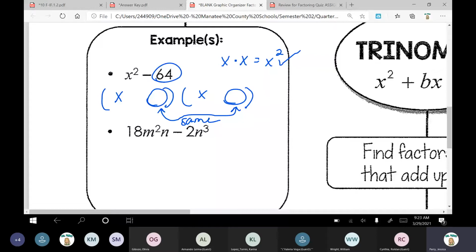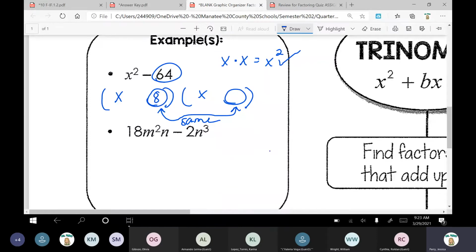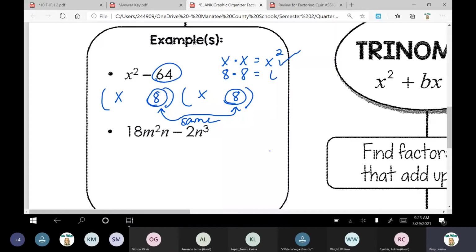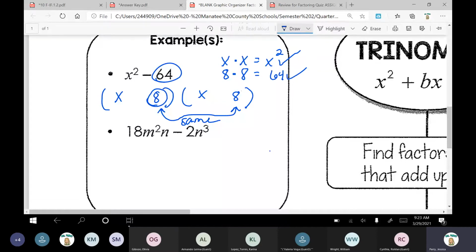You can think 1 times 1 is 1, 2 times 2 is 4, 3 times 3 is 9. Keep going until you get what times what is 64. I see someone wrote in the 8 times 8. Let's check and see. 8 times 8 is 64. Perfect.